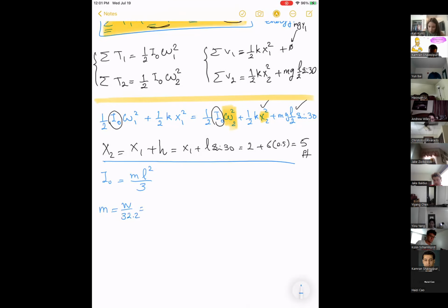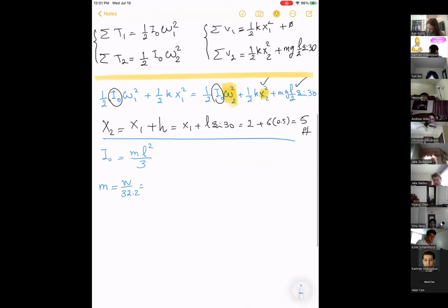W is 50, so 50 divided by 32.2 is 1.553 slug. Then 1.553 divided by 3, remember, this should be in feet.